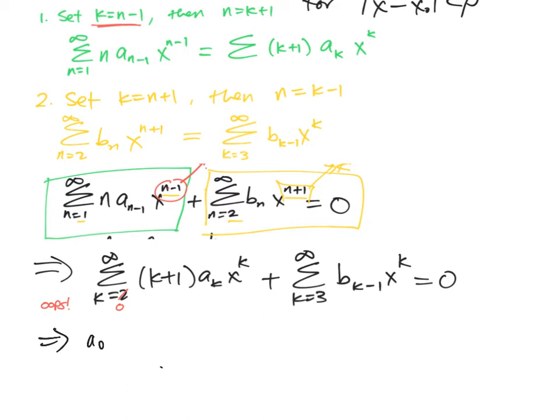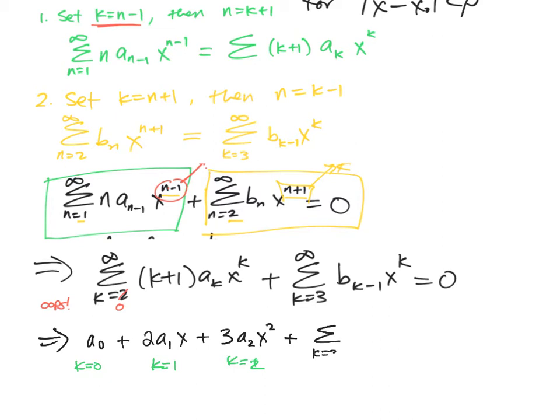For k equals 1, we'll get 2a_1 x. For k equals 2, we get 3a_2 x squared.